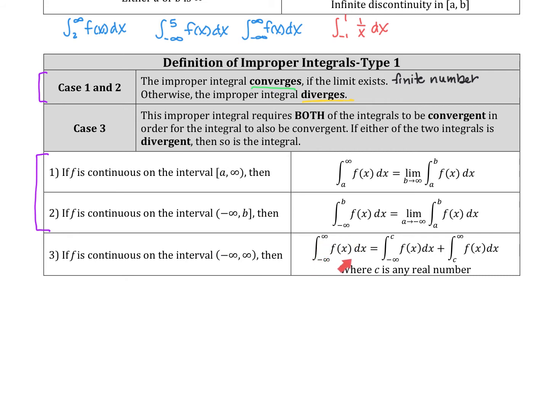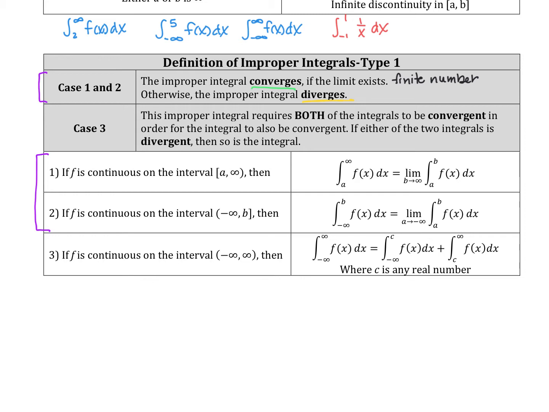To set this up, we set up two integrals. Case 3 is saying that if both of these integrals are convergent, then this integral is convergent. But if one is divergent and one is convergent, then this diverges. When we set up these two integrals, we're going to go from negative infinity to some number c, and we're going to be strategic about how we pick that c.